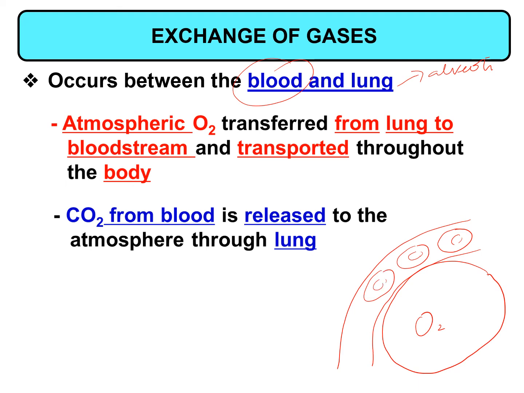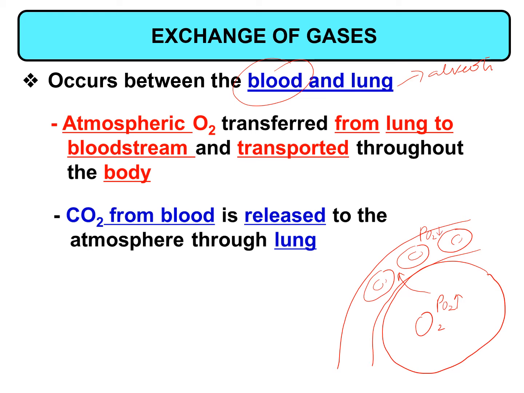The partial pressure of oxygen is high in the alveoli, so it will diffuse into the blood capillary. The partial pressure of oxygen in the blood capillary is low.